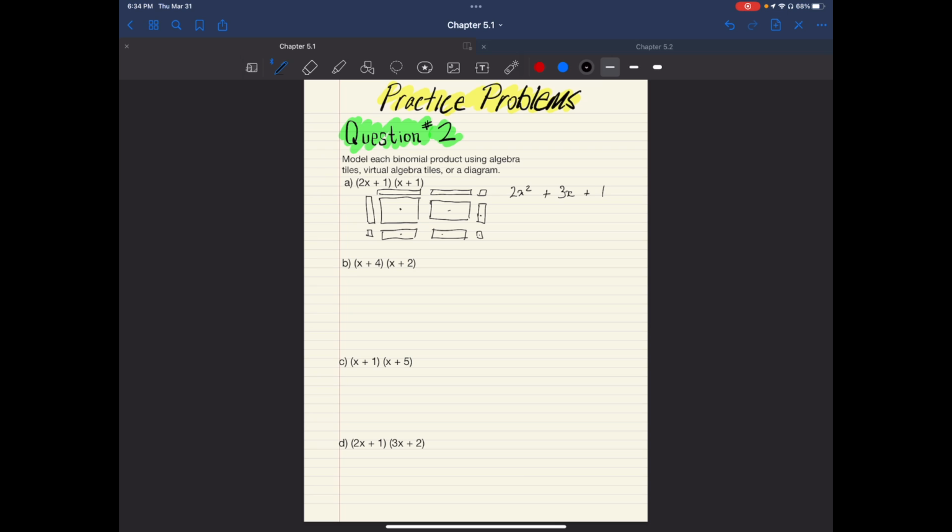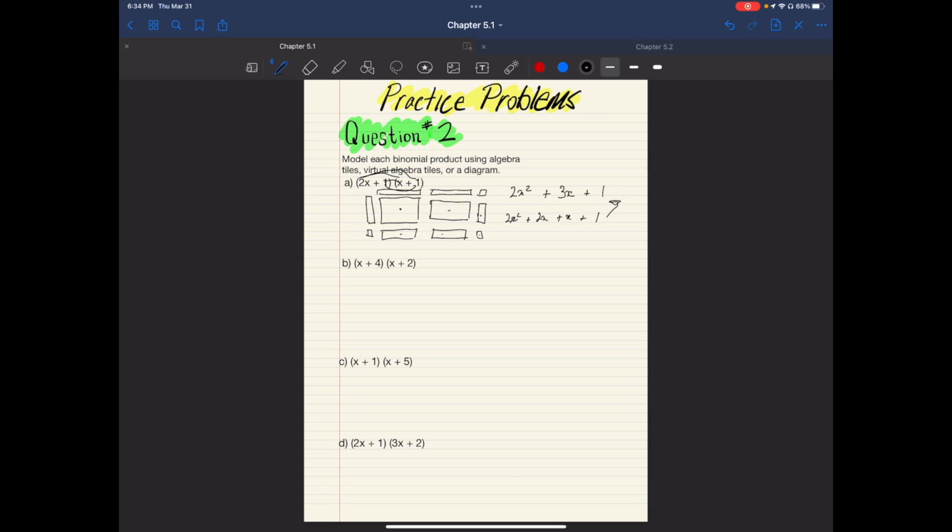If we expand this, we're going to get 2x squared plus 2x, then plus x plus 1, which equals our algebra tiles.